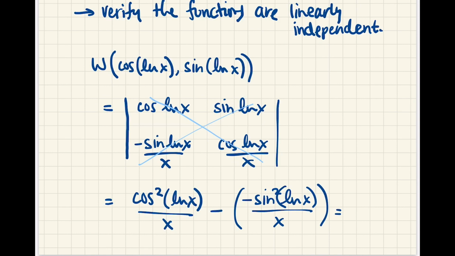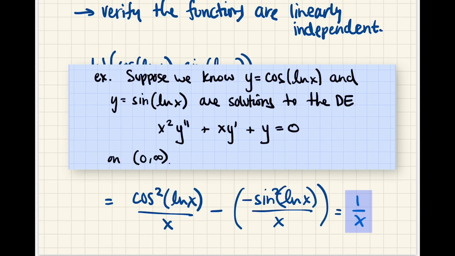Okay, and what do we get? That whole numerator is just 1, so we get 1 over x. Is there any x value for which this equals 0? If there were a single x value on the interval we were interested in, for which this came out to 0, we would have linear dependence. But the interval, of course, is 0 to infinity.